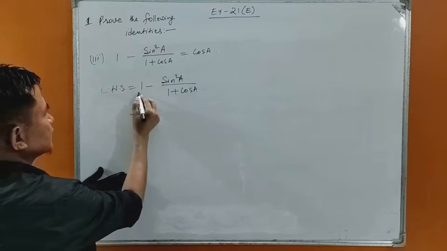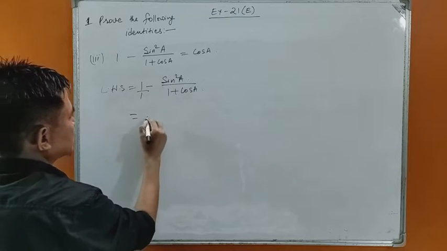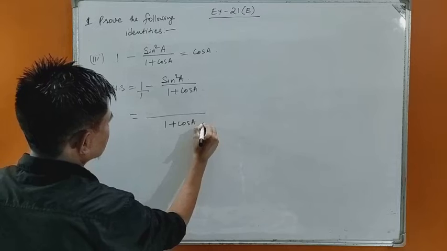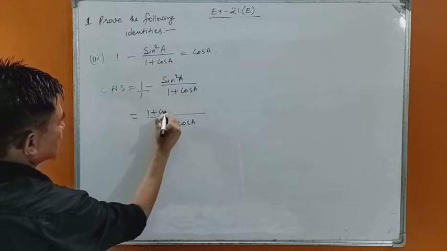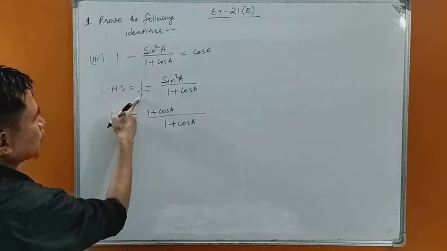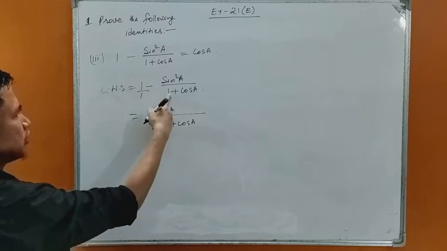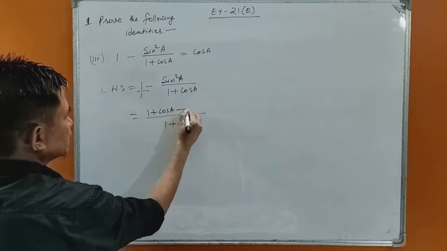So let's take the LCM. Here we have 1 in the denominator of 1, and 1 plus cos A. The LCM will be 1 plus cos A. So 1 plus cos A into 1 gives us this whole thing, 1 plus cos A. This minus sign comes here.